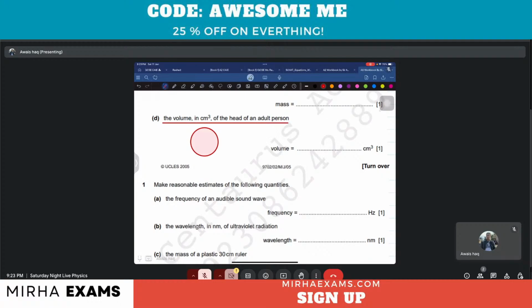Literally they put a ruler against their head and said, okay, let's measure in centimeters what would be the length. Usually when you see this, it comes out around 10 to 15 centimeters.